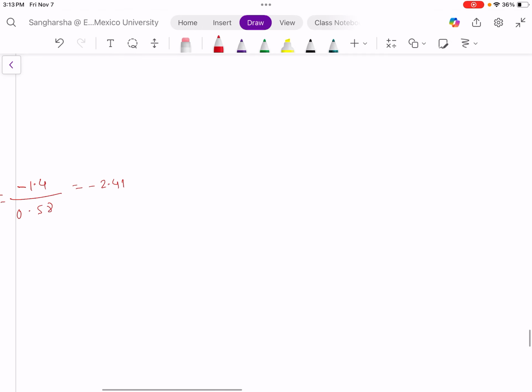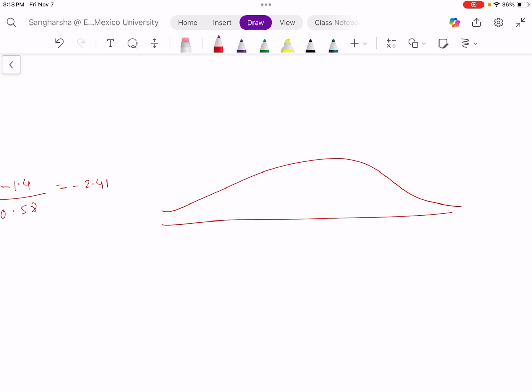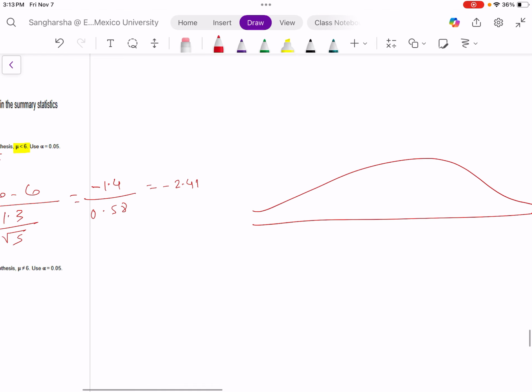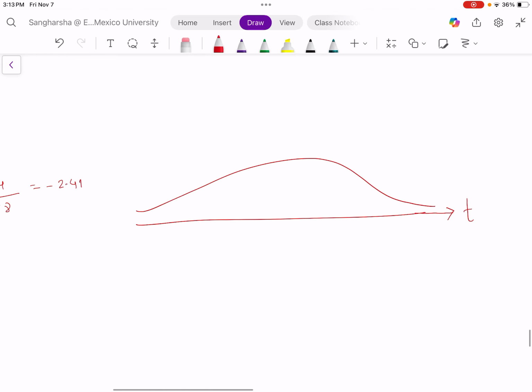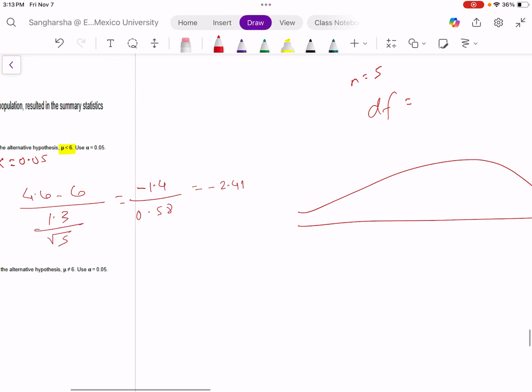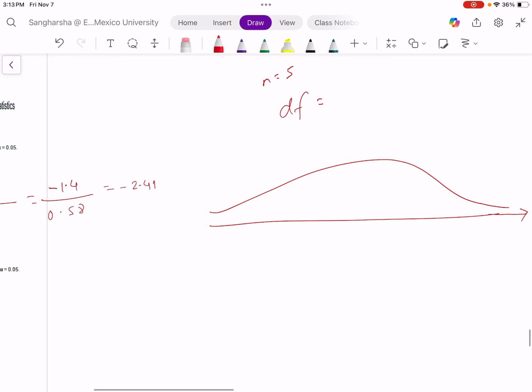Alpha is 0.05, and this is our test statistic, our t. Now what is the degree of freedom? Sample size n is 5, so degree of freedom is n minus 1, which is 5 minus 1 equals 4.